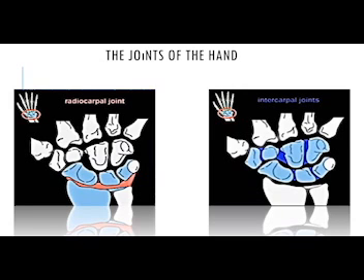We have different joints in our wrist. First one is the radiocarpal joint. The distal end of the radius articulates with the bones of the proximal row of carpal bones, which are lunate, scaphoid, and triquetrum, to form the wrist joint. Second one is the intercarpal joint, the articulation between the carpal bones.